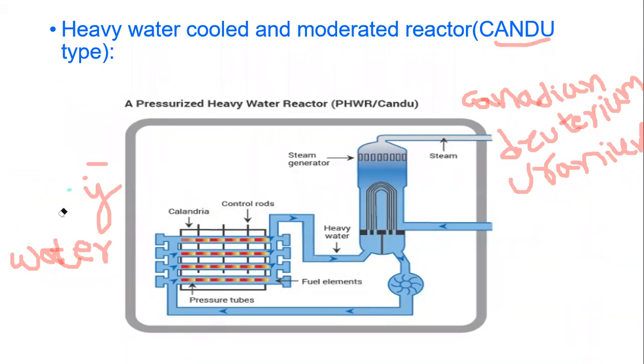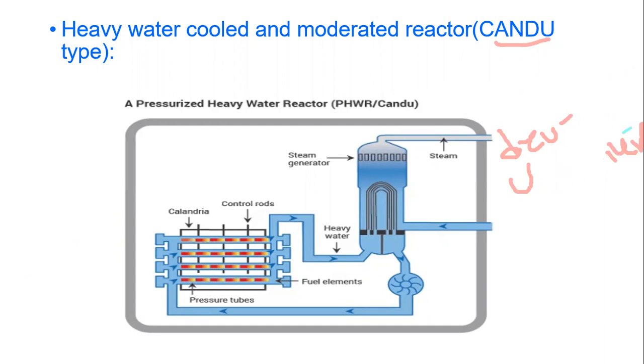This is one of the important points in the case of Canadian deuterium uranium type reactors: they are heavy water reactors. The coolant and the moderator is heavy water. That's why it is called the heavy water cooled and moderated reactor. This type of reactor was first developed in Canada, which is why it is called the CANDU type.